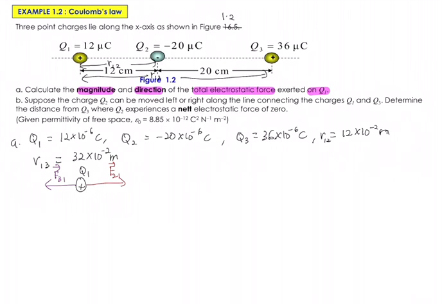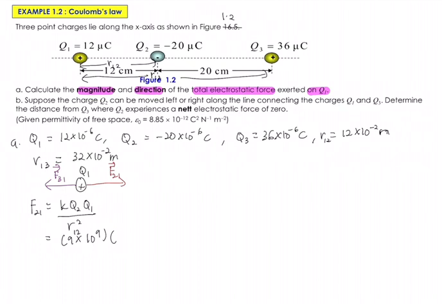Now calculate F21 and F31. F21 is k Q2 Q1 over R12 squared. K is 9 times 10 to the power of 9.